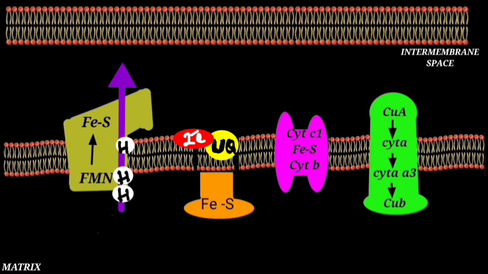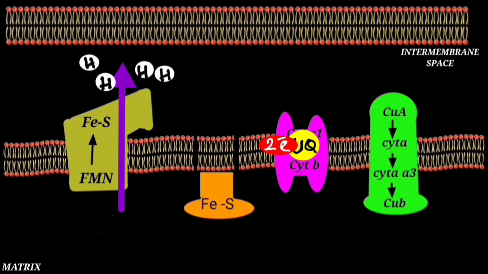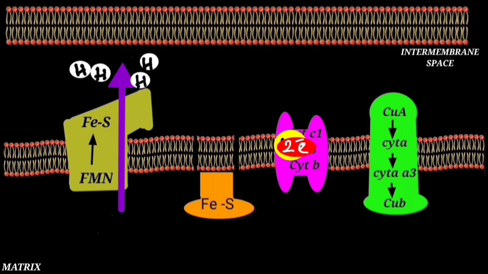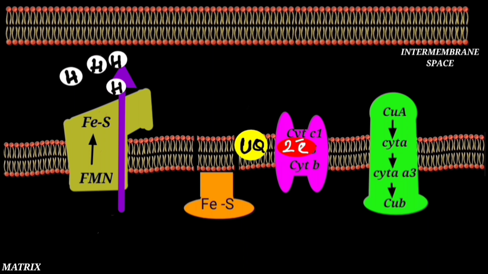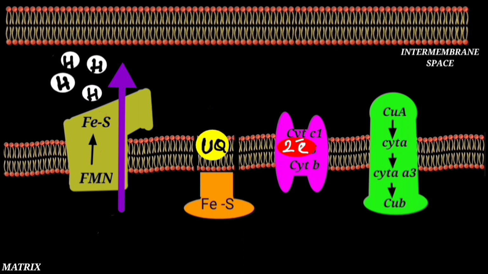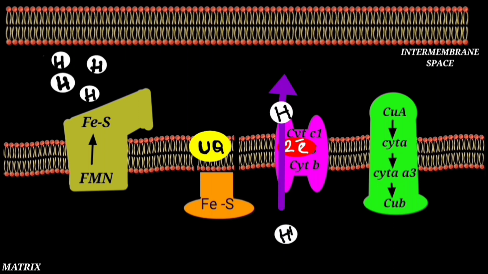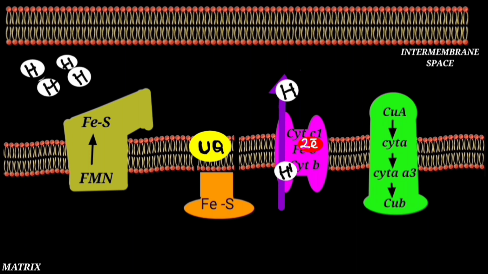The energy released by the electrons is used to drive four protons from the matrix into the intermembrane space. Ubiquinol loses two electrons and is oxidized back into ubiquinone. Again, the energy released by the electrons is used to drive protons from the matrix into the intermembrane space.